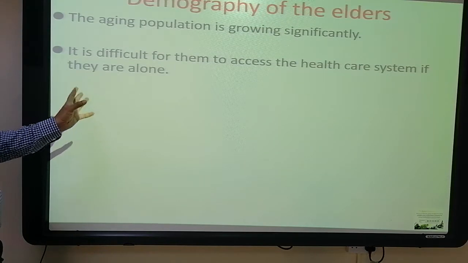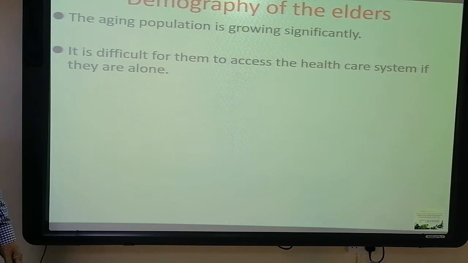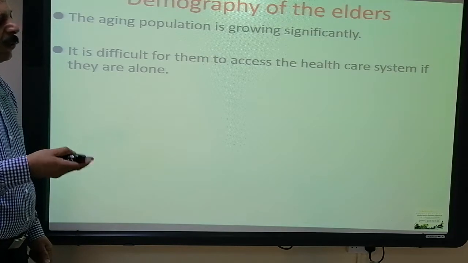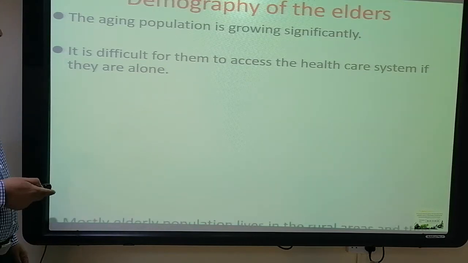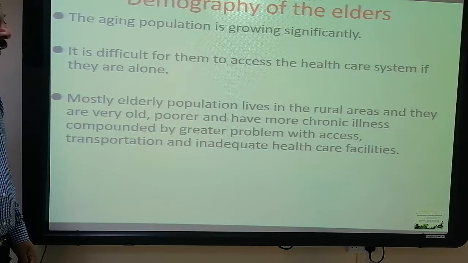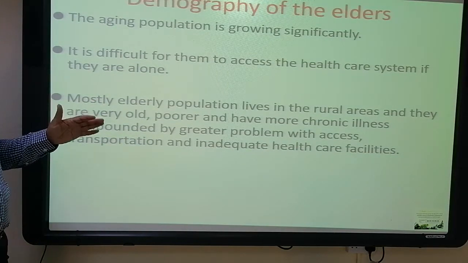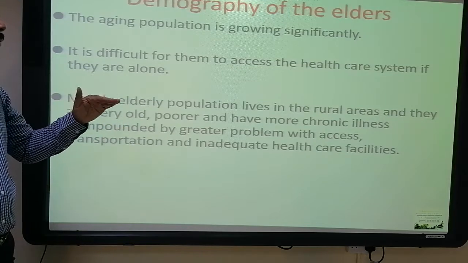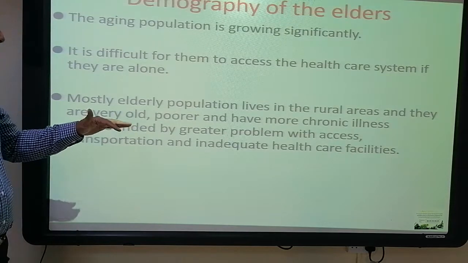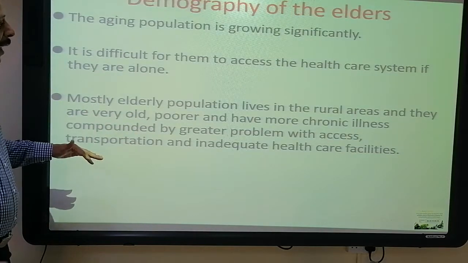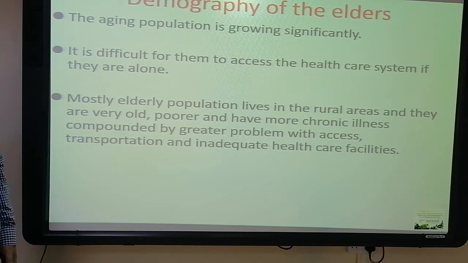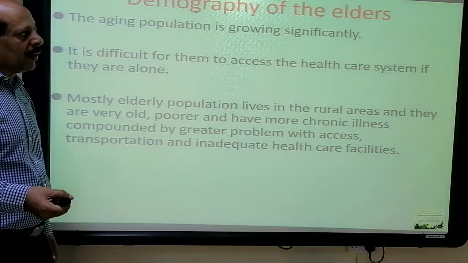There is difficulty for older people to get healthcare because of accessibility, and they want someone to help them access it. Mostly the elderly population live in rural areas and are very old, poor, and have more chronic illnesses, combined with a greater problem with access, transportation, and inadequate healthcare facilities in that community.